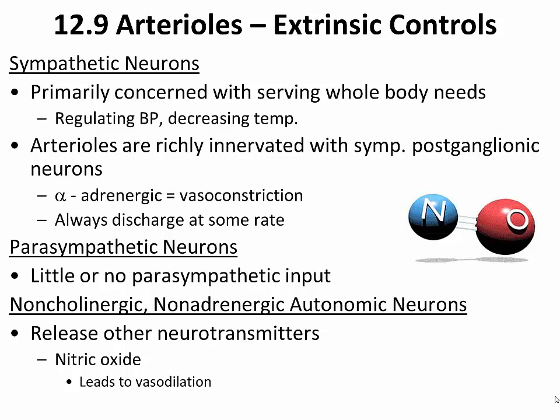We also noticed that these sympathetic neurons are rarely completely dormant, but typically discharge at some rate, and that rate can either be increased or decreased depending on the whole body needs, for instance, in the regulation of blood pressure. Or take temperature as an example.